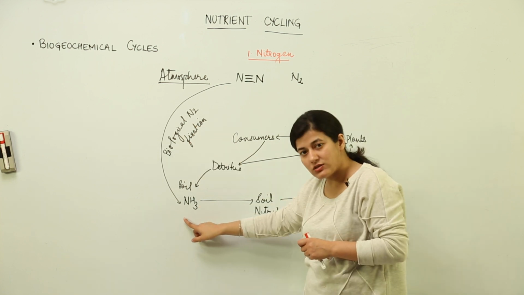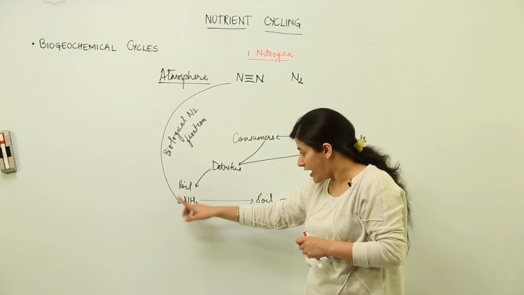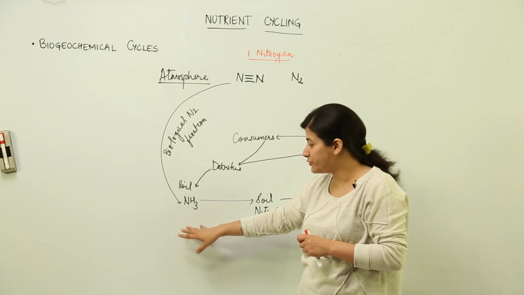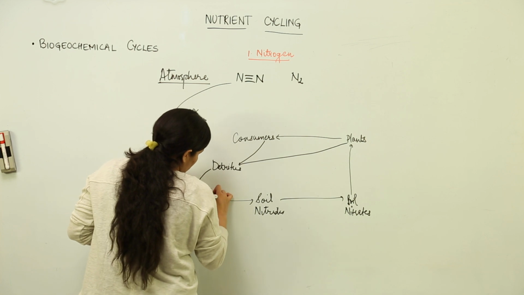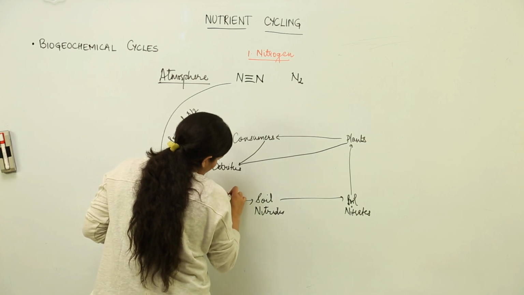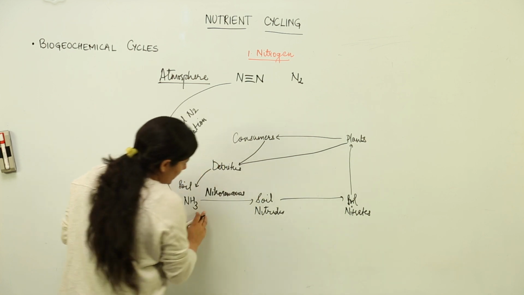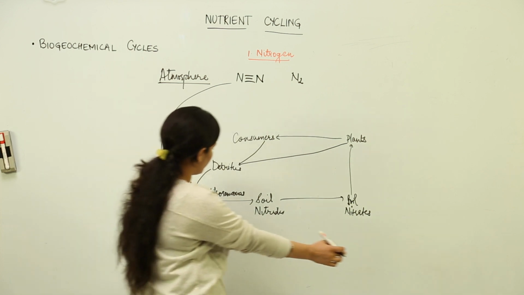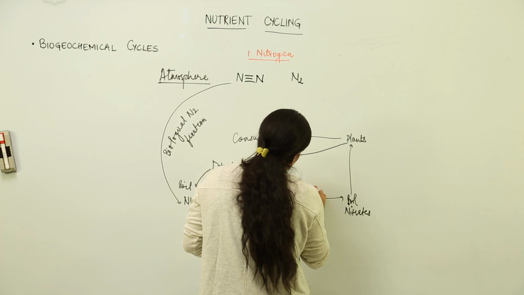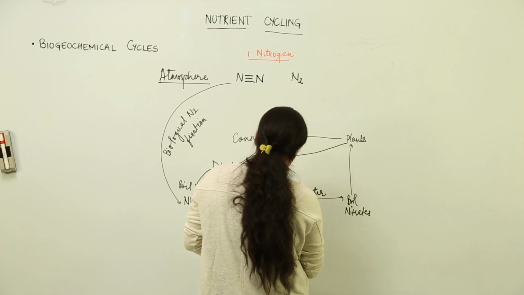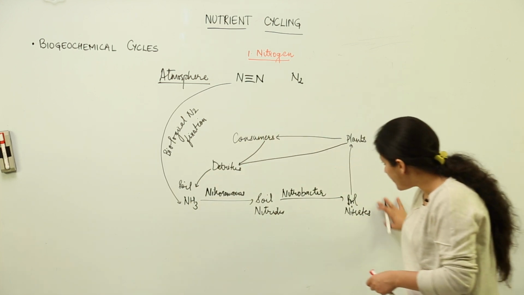Once this soil ammonia has been prepared and added to the soil, there are a few microbes like Nitrosomonas, which is again a bacteria. It converts ammonia to soil nitrites. Then Nitrobacter converts the nitrites to nitrates, which are available for the plant.